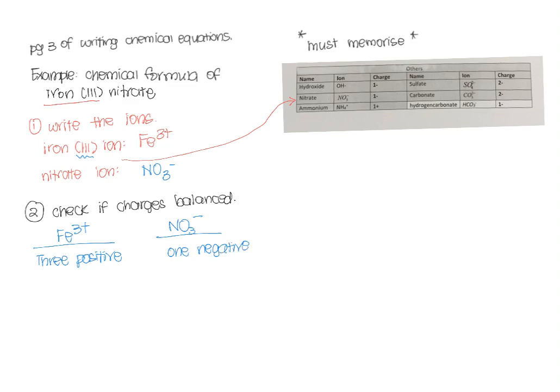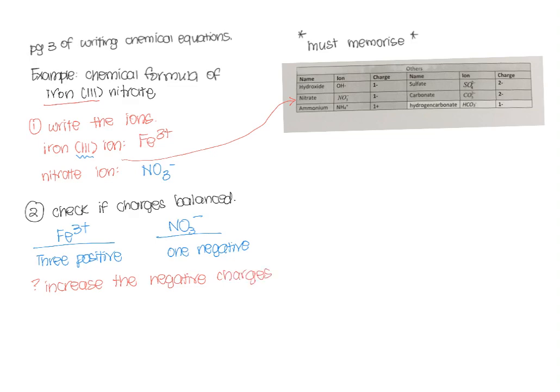So they are not equal. So what do I have to do? I would have to increase the negative charges. That means I will have to increase the number of negative ions to that of 3 positive.